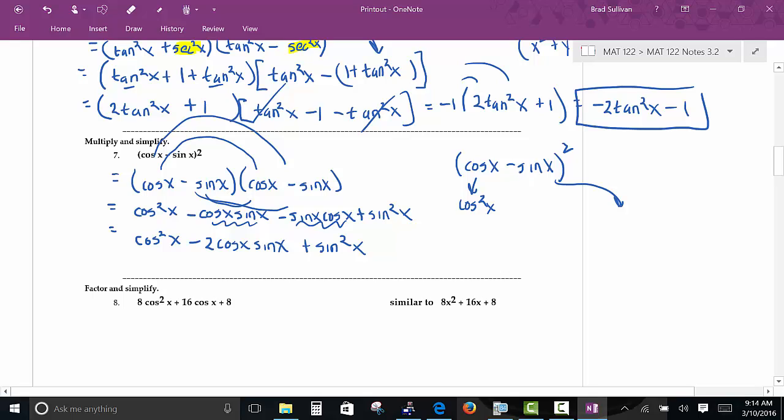Now, if you're squaring a negative number, that's going to give you a positive number, right? Okay. Now, you multiply these two things together, which is a positive times a negative. That's a negative sine x cosine x. Then you double it, okay? Because what happens if you square a binomial, the inner and outer will always be the same, so they get doubled. So you could get the answer in your head like that.